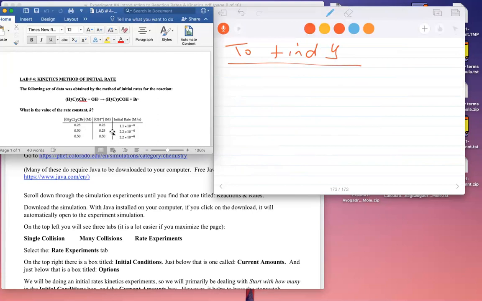In a similar fashion, this will be rate 3 over rate 2 equals K3 over K2.